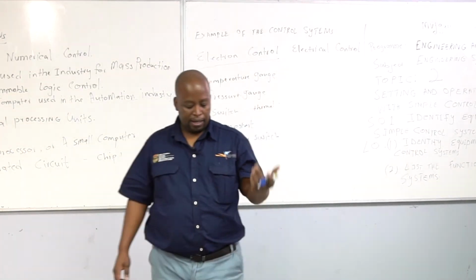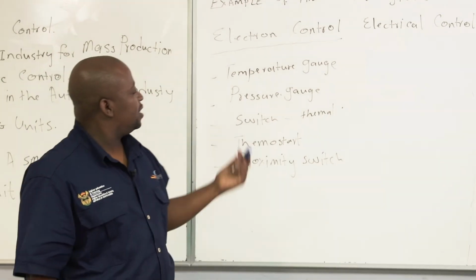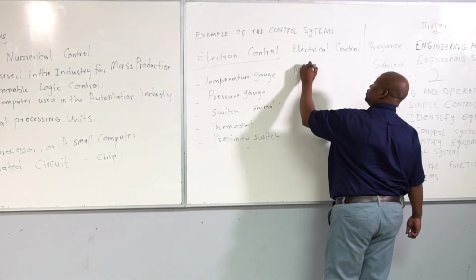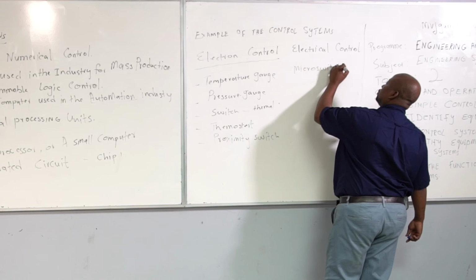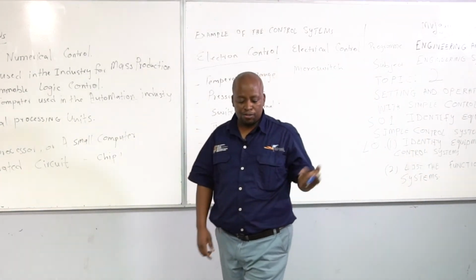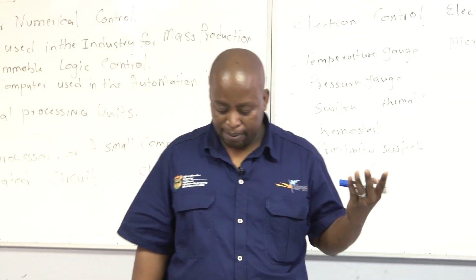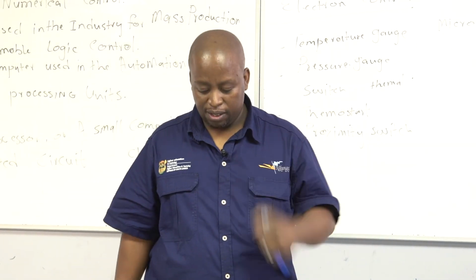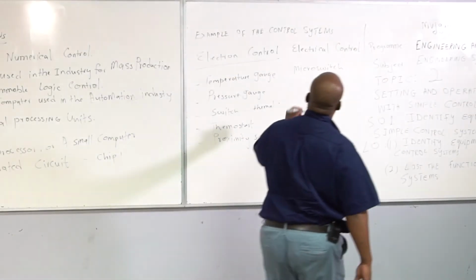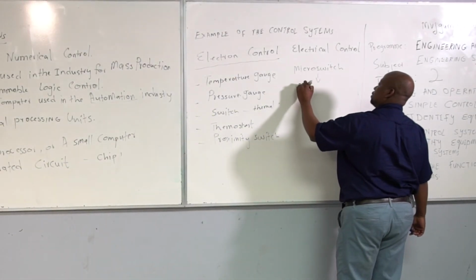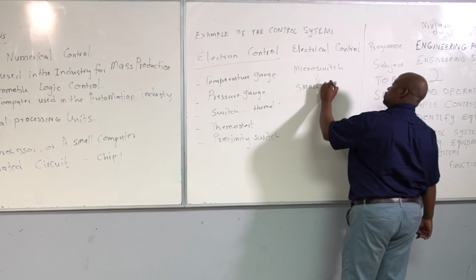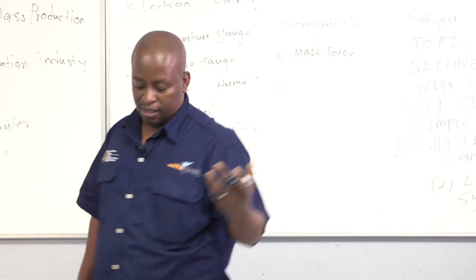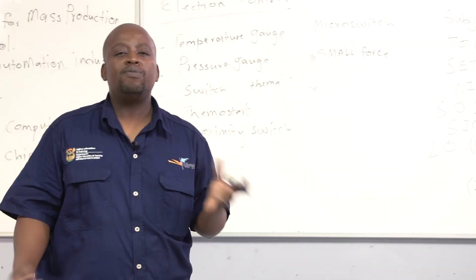Now, one example of the electrical control that I like is the micro switch. The micro switch has two good features, if I may state them. It only needs a small force to operate, and the force should only act over a small distance.